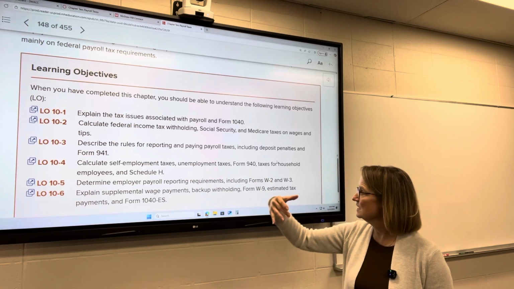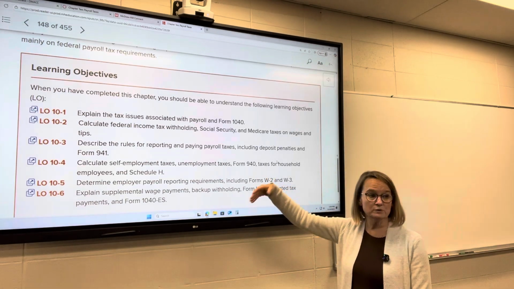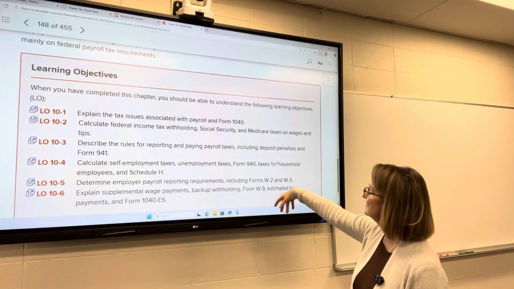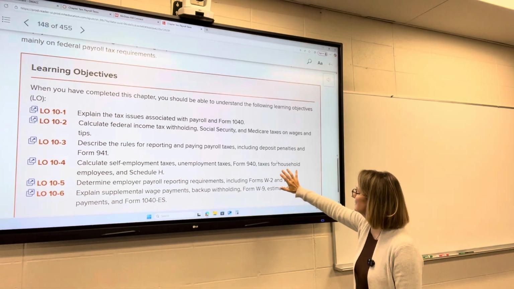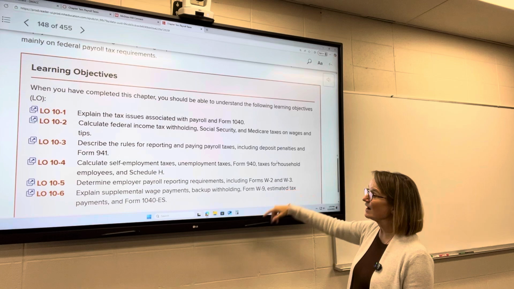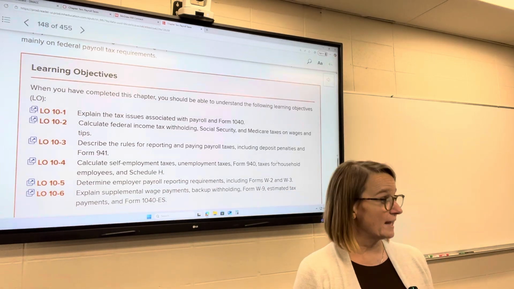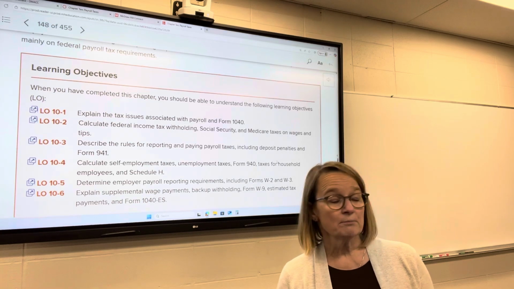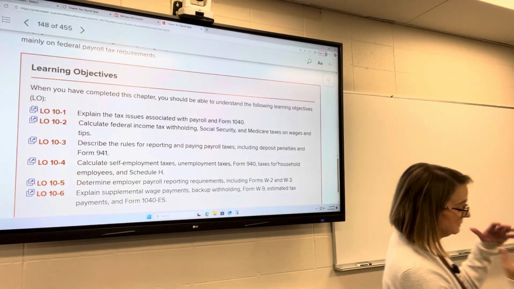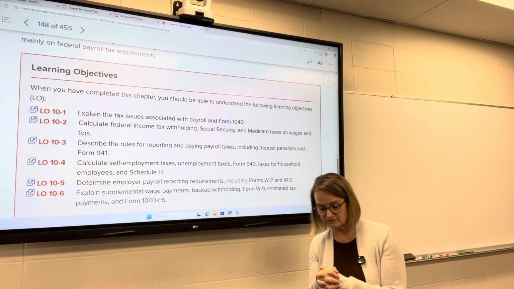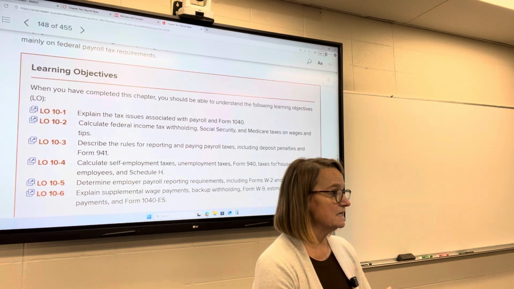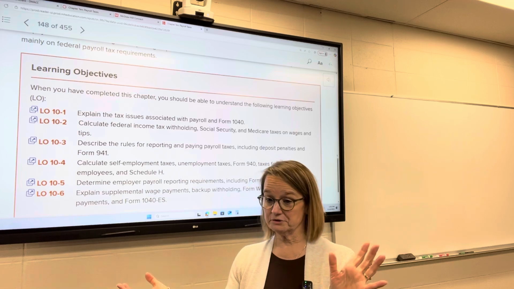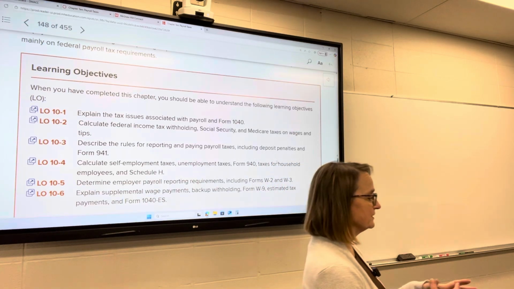Unemployment taxes, the Form 940, which is used with unemployment taxes. That's an annual form. This one's kind of, we haven't covered this yet, taxes for household employees and the Schedule H. So those are for individuals who meet the qualifications to be classified as an employee, but like nannies, housekeepers, butlers, chauffeurs, that kind of thing.